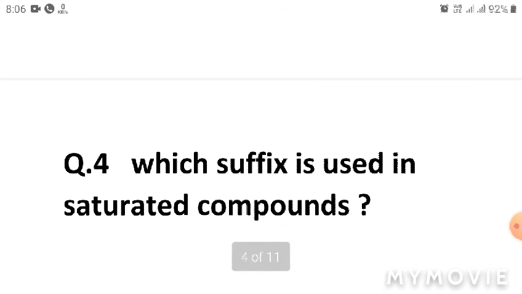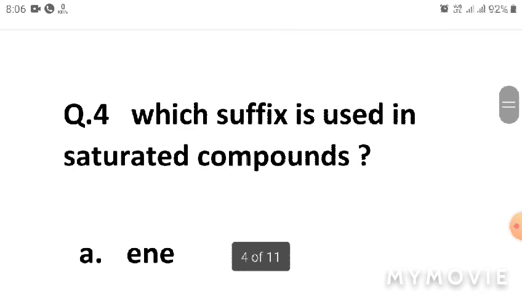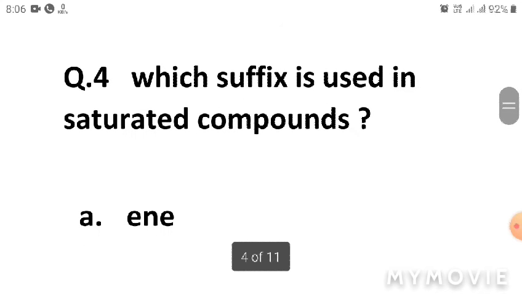Which suffix is used in saturated compounds? First, we have to know which suffix is applied in saturated compounds.